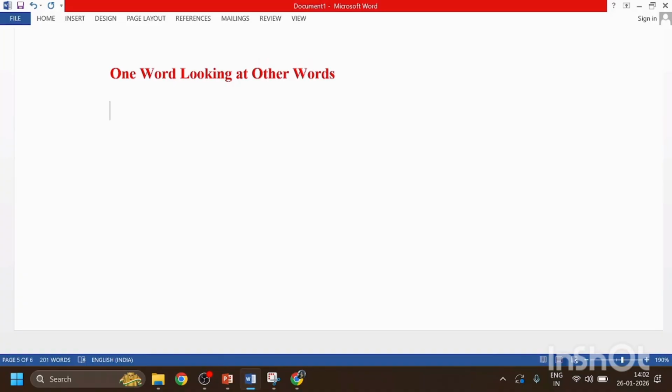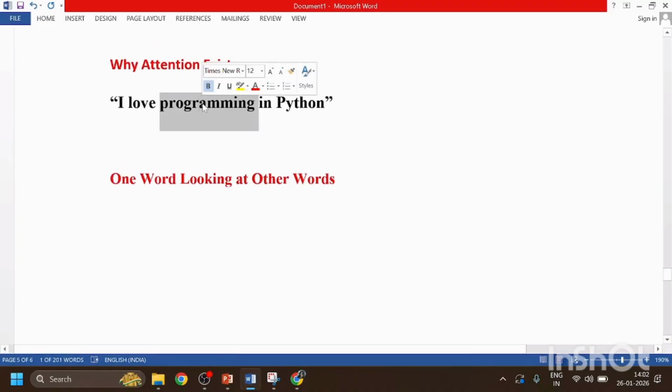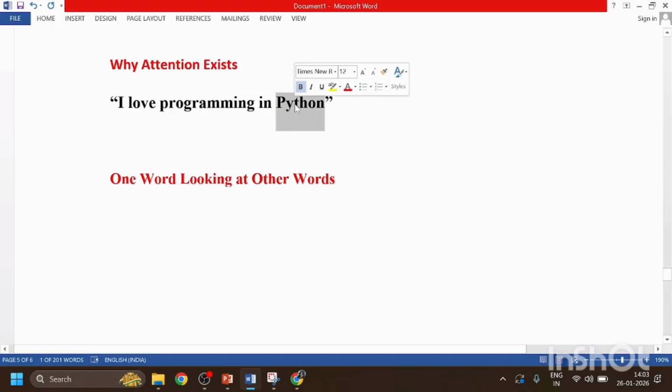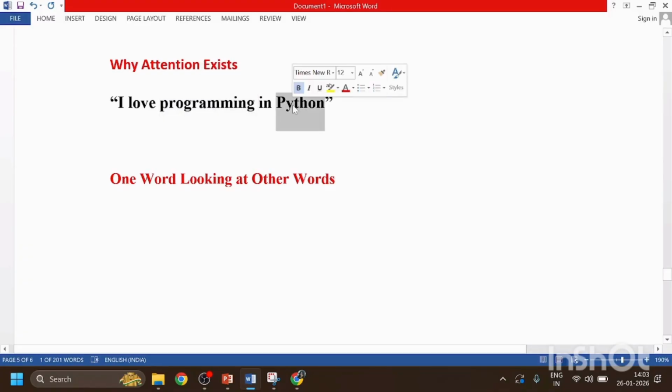In self attention, each word asks a simple question: which other word matters to me? The word programming looks at all other words, but it pays more attention to Python.